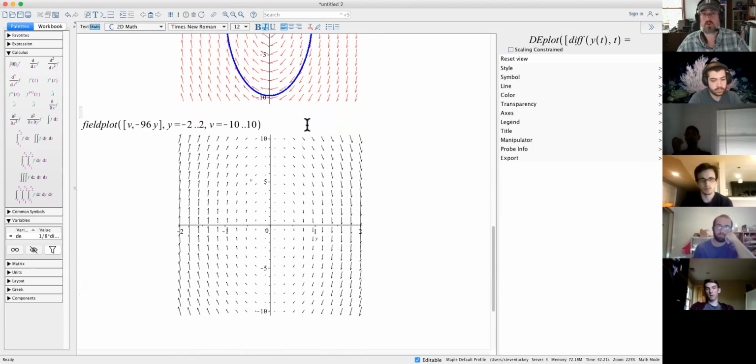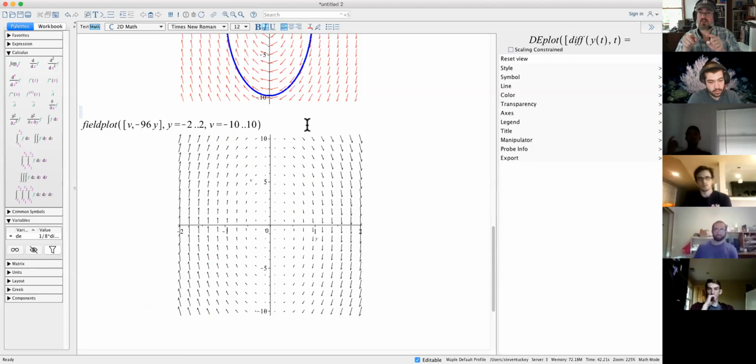So this, go ahead, sorry. The length of the arrow is conveyed by V. The length of the arrow is the magnitude of the two derivative values at that point. Remember, this is plotting for us, at any given point on the phase plane, a dy dt value, which is the horizontal part of the velocity, or the horizontal part of the slope, and then a dv dt, which is the vertical part of the slope.